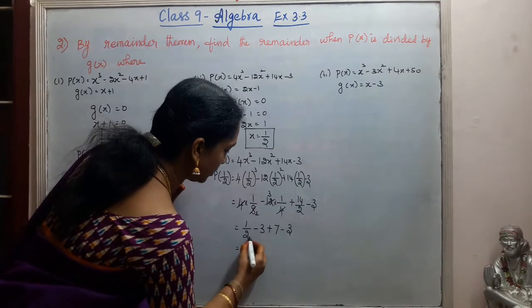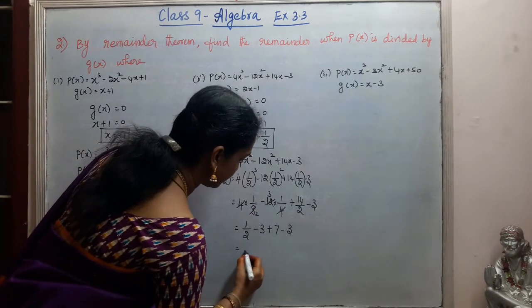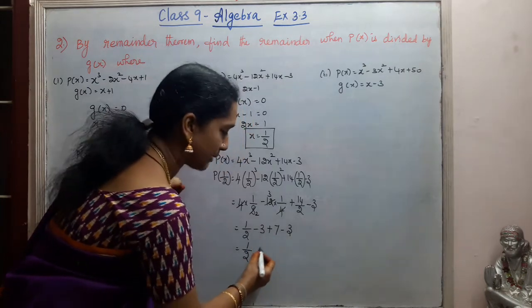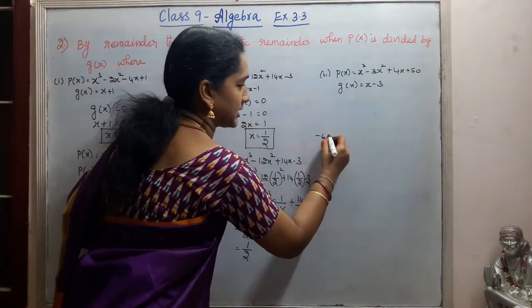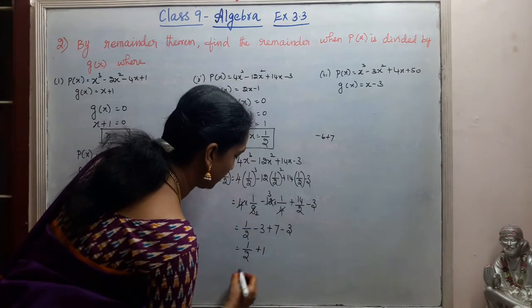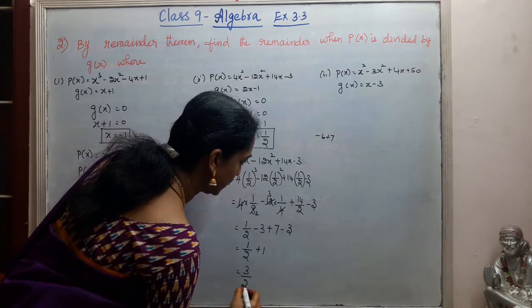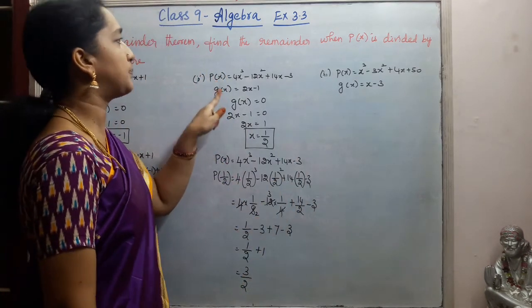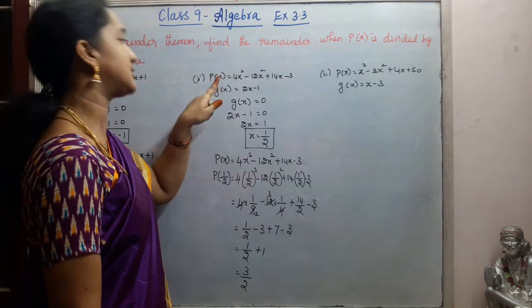So this is equal to, we will take LCM here. So first we will simplify 1 by 2 minus 3 is minus 6. Minus 6 plus 7 is plus 1. So plus 1 by 2 plus 1 is 3 by 2. So this is the remainder when P of x is divided by G of x.